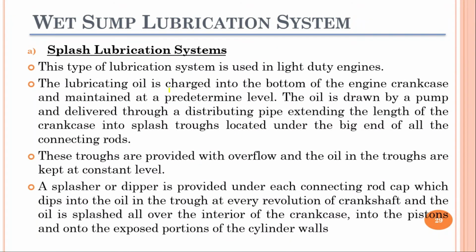So starting off with some of the discussion, this type of lubrication system is used in light duty engines. The lubricating oil is charged into the bottom of the engine crankcase and maintained at a predetermined level. Then the oil is drawn by a pump and delivered through a distributing pipe extending the length of the crankcase into the splash trough located under the big end of all the connecting rods.